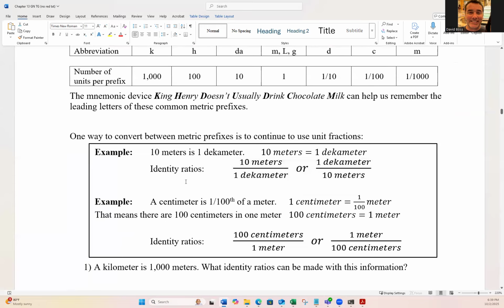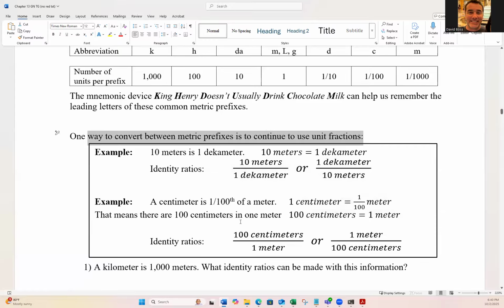Okay. So one way to convert is to do as we were doing, by using those identity fractions, identity ratios. So 10 meters is one decameter. So 10 meters over 1 decameter or 1 decameter over 10 meters.